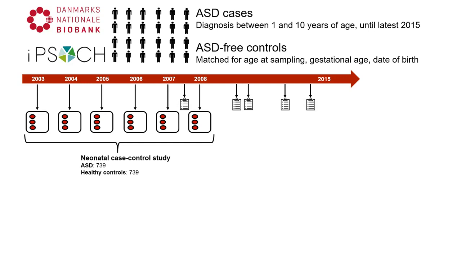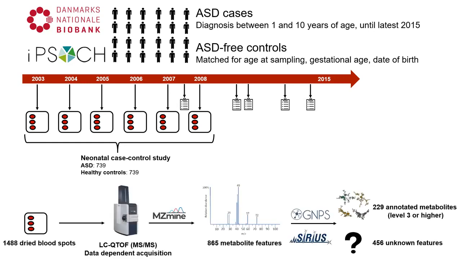So in total, we analyzed 700 or so cases, each with a matched control, which ended up being close to 1,500 samples that we analyzed using our LC-QTOF system. We used data-dependent acquisition, which you already heard about this morning. Our pre-processing was done using MZmine 3, which you will hear all about tomorrow in detail.